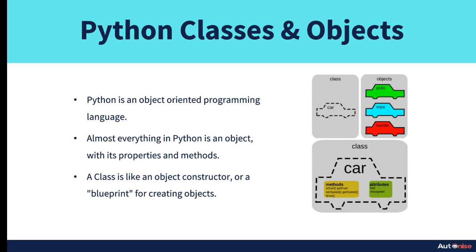So what are these classes and why do we need them? The short answer would be a class is like an object constructor, or a blueprint for creating objects. So what are objects then?